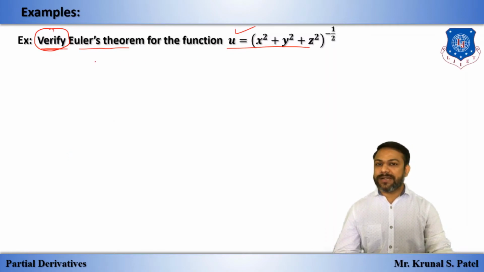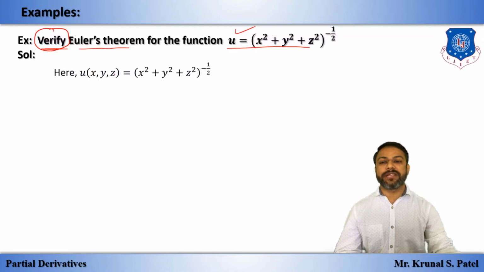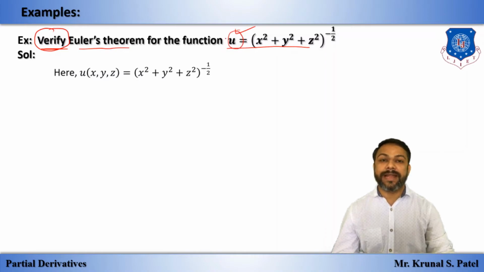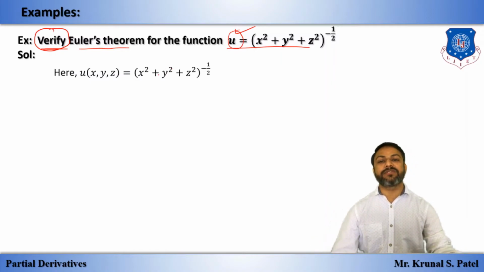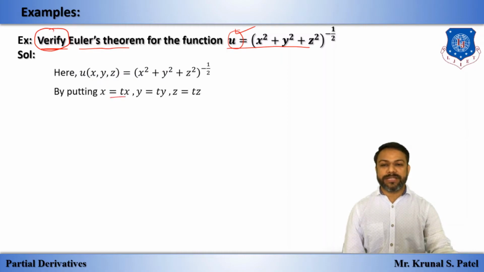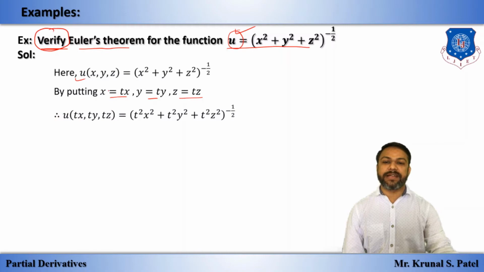So let's start with the solution so we can understand how we will apply these steps. First start with the given function u, and as I told, to apply Euler's theorem we have to check whether the given function is homogeneous or not. How we check this, we have seen in the previous lecture. That means we will put x equal to tx, y equal to ty, and z equal to tz in the given function. So x square, y square, z square become t square x square, t square y square, t square z square, whole raised to minus 1 by 2 as it is.